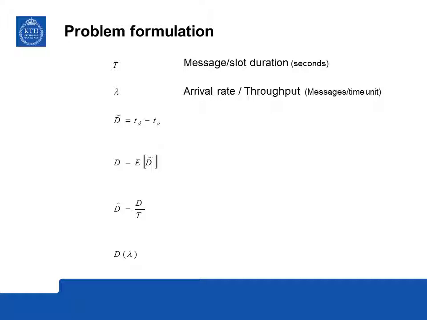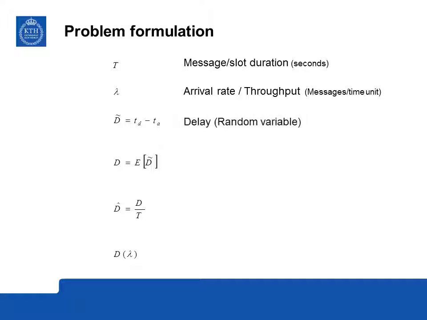So we'll sometimes also denote lambda the departure rate or the throughput of the system, and that will be measured in messages per time unit. And if we use a normalized time, this will be messages per slot.